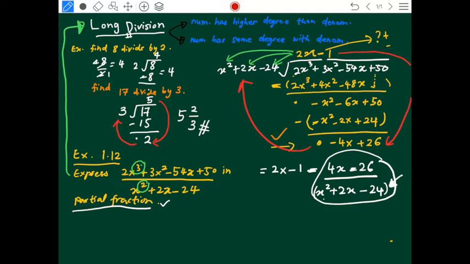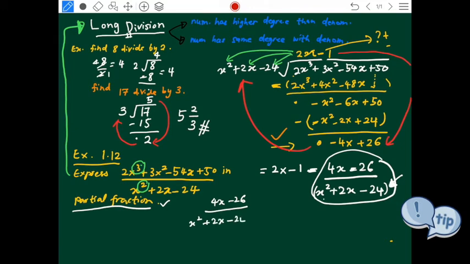Is that clear? So let's deal with this 4x minus 26 over x squared plus 2x minus 24.